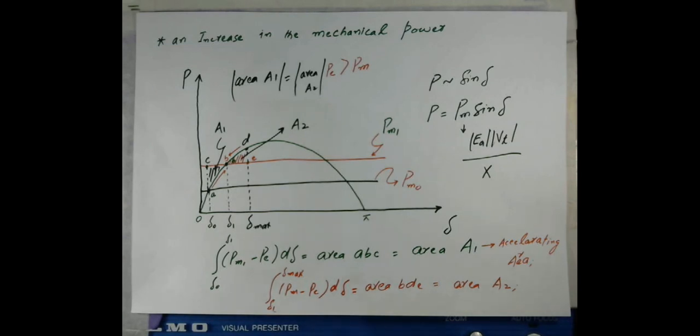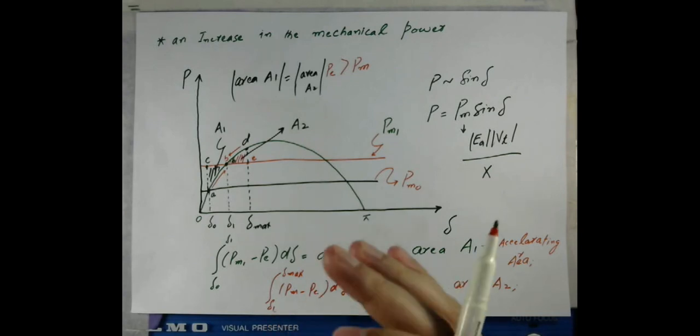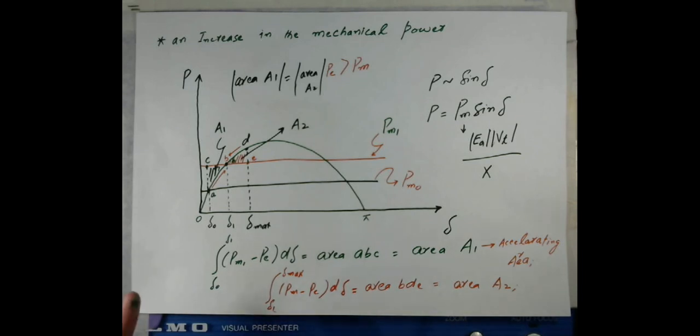So in order to ensure the stability of the system or that of the machine, we need to consider the large disturbances, and we need to analyze the stability during the application of a disturbance. So we discussed that with the help of the swing equation.